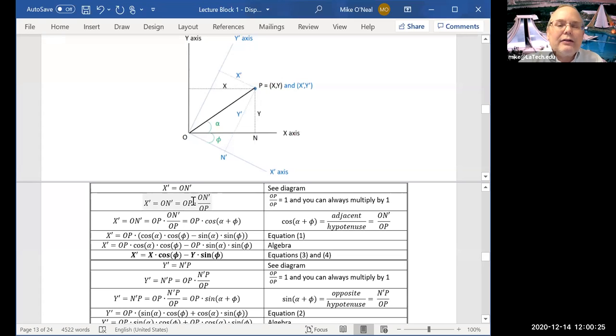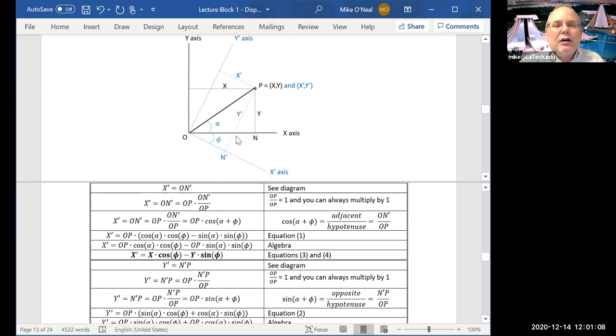And when we do that, we get that x prime is equal to OP times ON prime over OP. We just multiplied and divided by the same quantity.